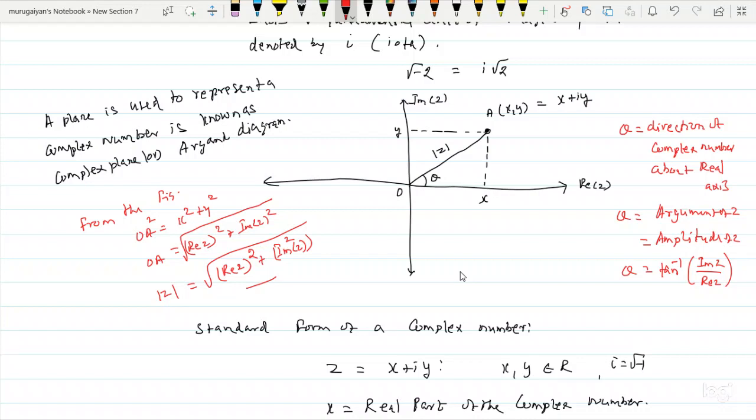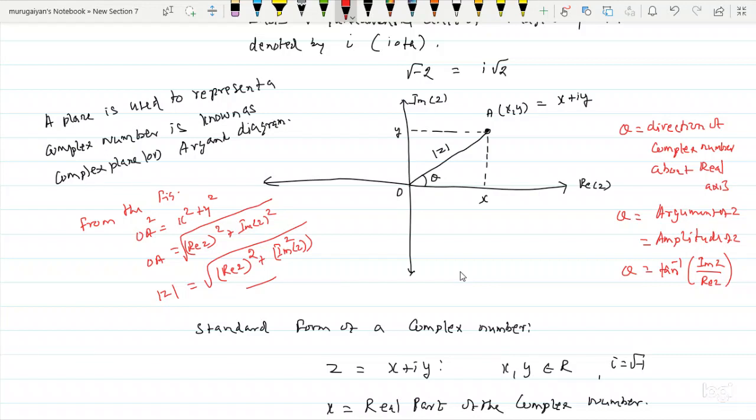According to the quadrant, the amplitude theta may differ, because the angle will not be acute. It may be more than 90, more than 180, more than 270 in the fourth quadrant.